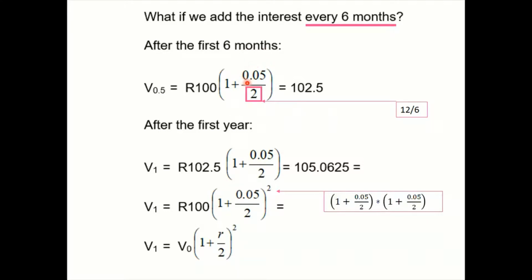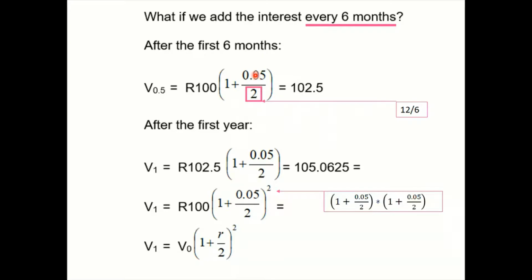We are still working with a 5% interest rate, but this is the annual interest rate. So if we are adding interest every 6 months, that means we are going to be adding interest twice during the year, 12 divided by 6.